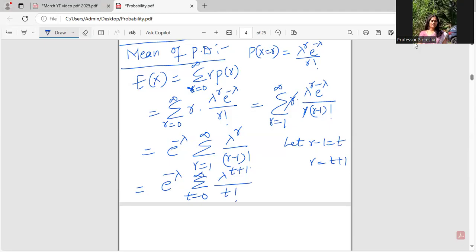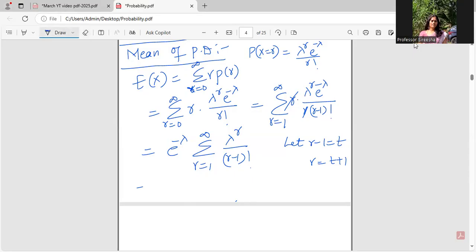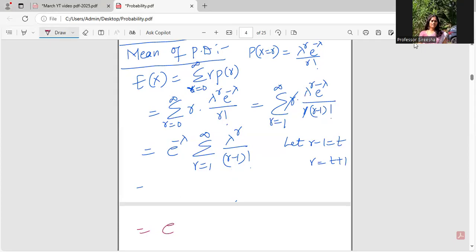I think it's legible. Okay, what I was saying is e power minus lambda summation. I'm converting everything to t.